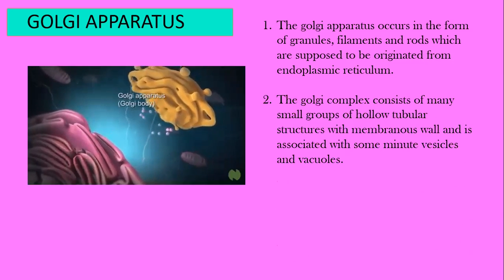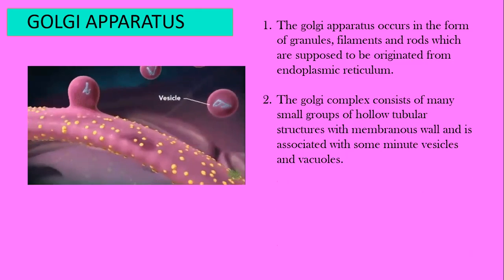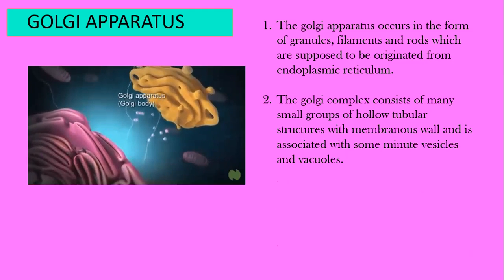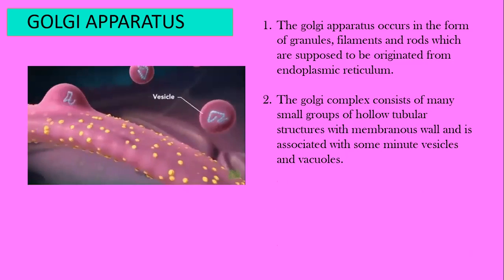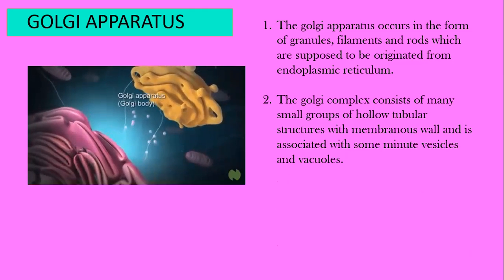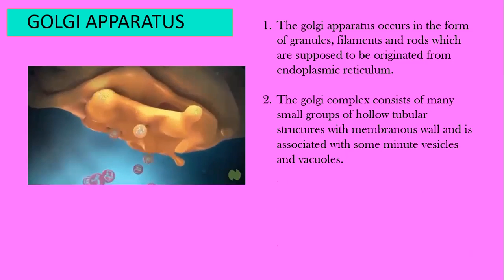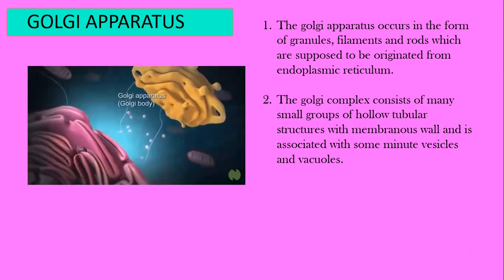Next, it is very clear from the GIF that this complex consists of many small groups of hollow tubular structures with membranous walls and is associated with some minute vesicles and vacuoles. We will talk about vacuoles a bit later.